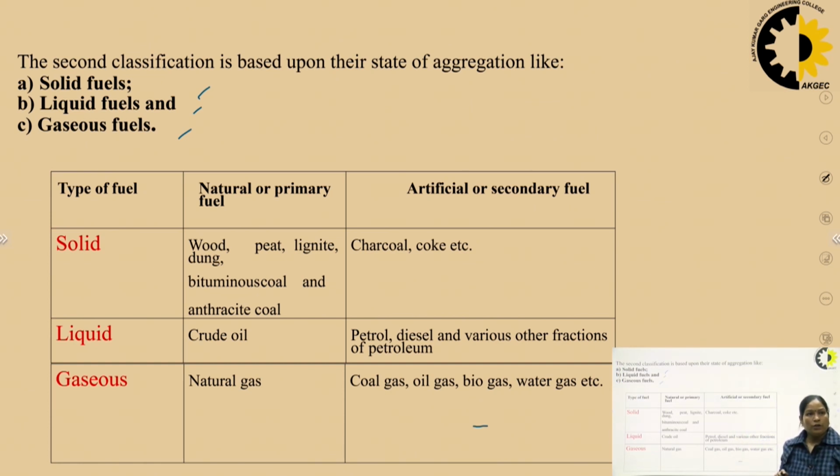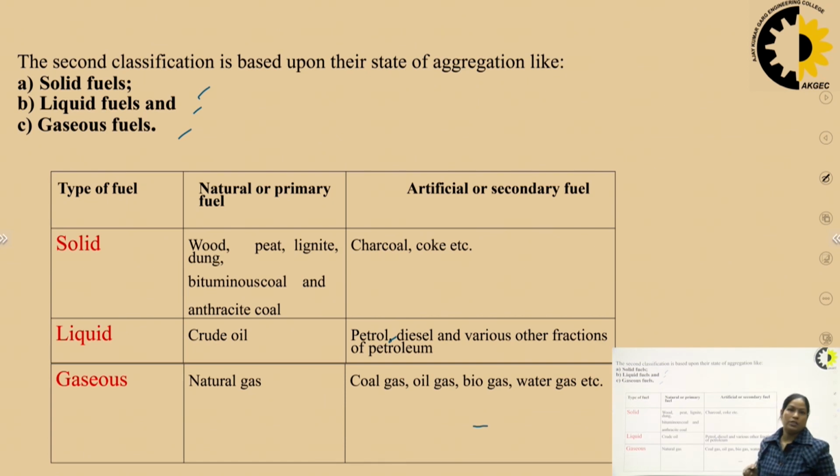The example of liquid fuel in case of primary fuel is crude oil. And examples of liquid fuel in case of secondary fuels are petrol, because we form petrol by refining crude oil. So petrol is actually a secondary fuel and it is a liquid fuel. Next category is gaseous fuel.